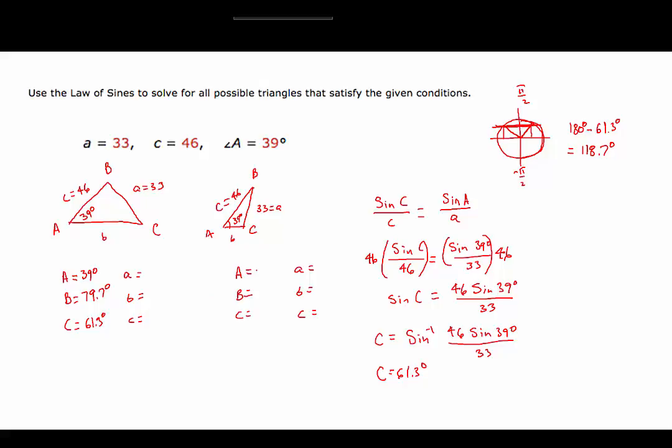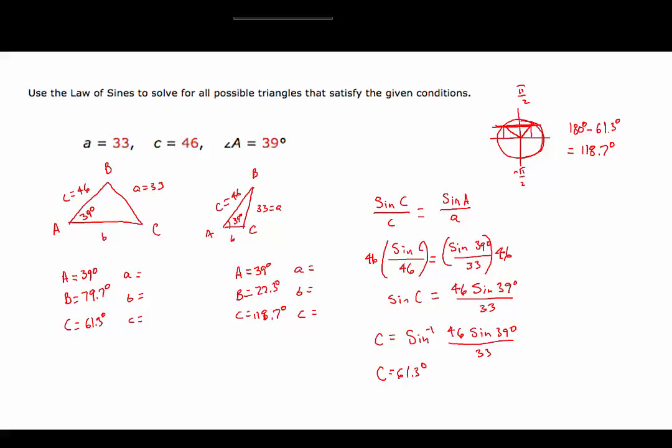Now, if it's possible for us to have two triangles, then in this other triangle, we would have, again, an angle of 39 degrees for angle A. But this time, angle C would be 118.7 degrees. And then combining those two and subtracting that from 180, we would wind up with 22.3 degrees.